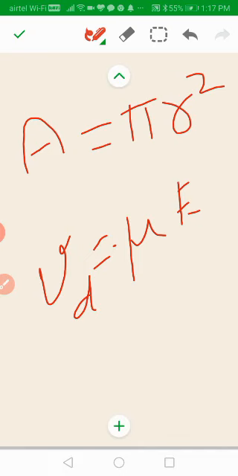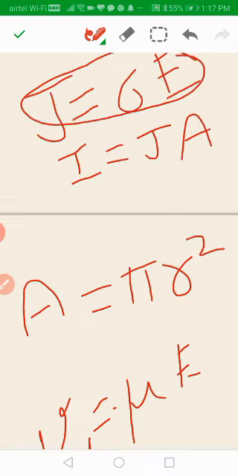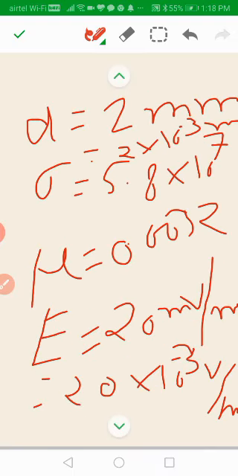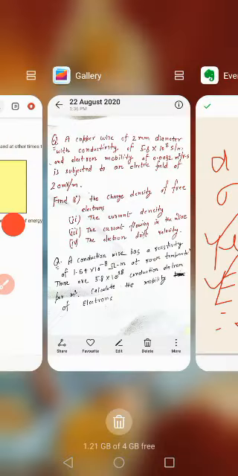So mu is given and E is given, and then we can directly calculate the drift velocity. Okay, so this is how we can solve this problem.